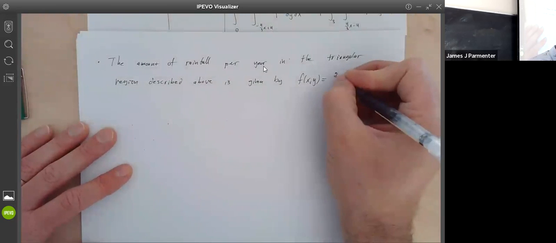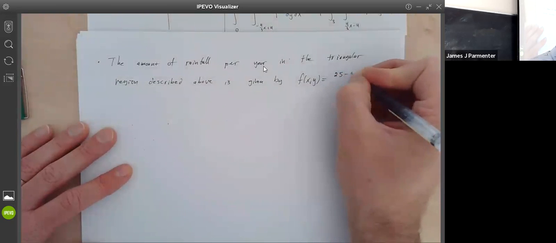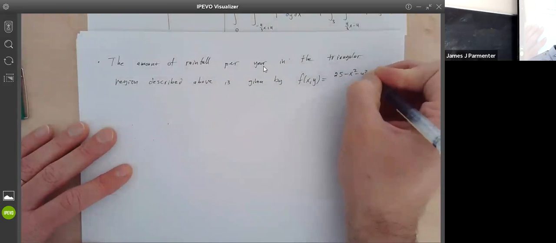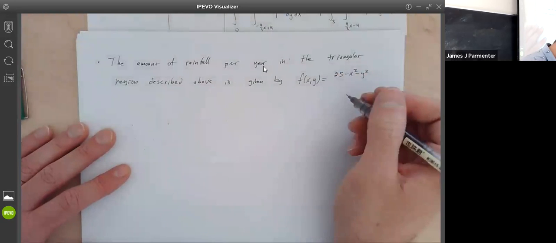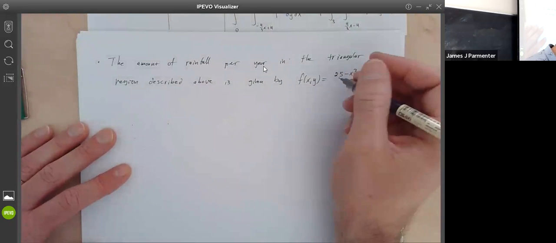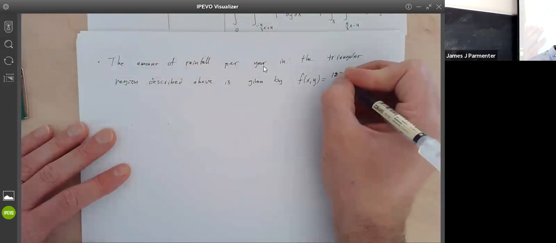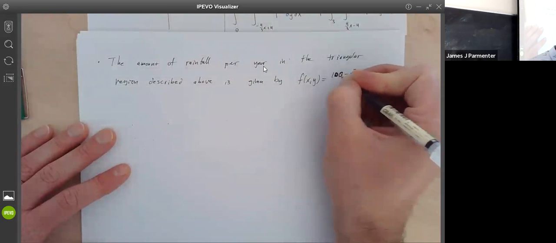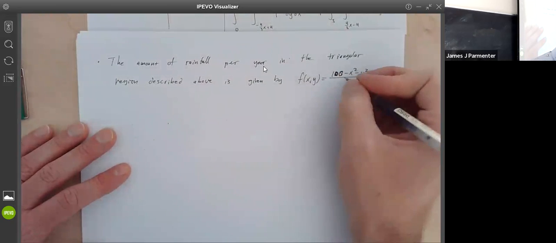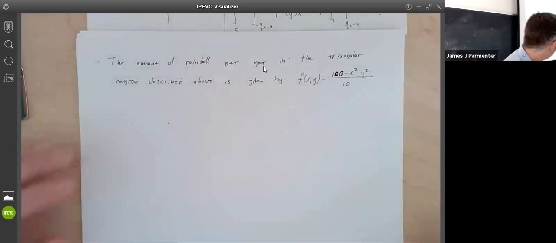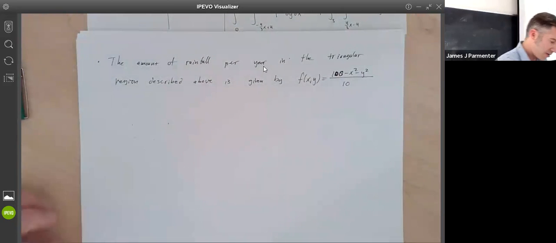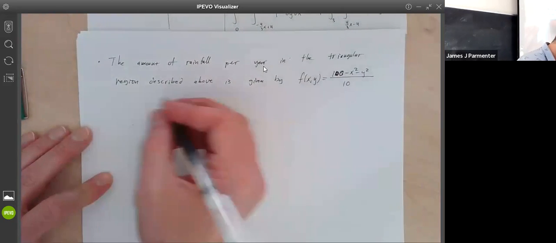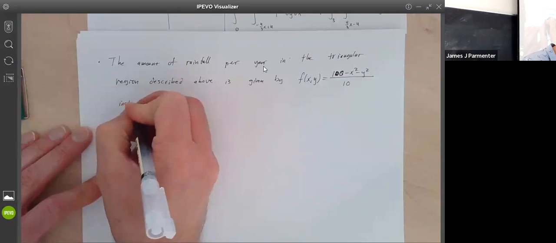Okay, I'm just making things up: 25 minus x squared minus y squared. Let me make that a little bit bigger. Let's make that 100, not 25, because I want numbers to be positive. Let's say that's inches.